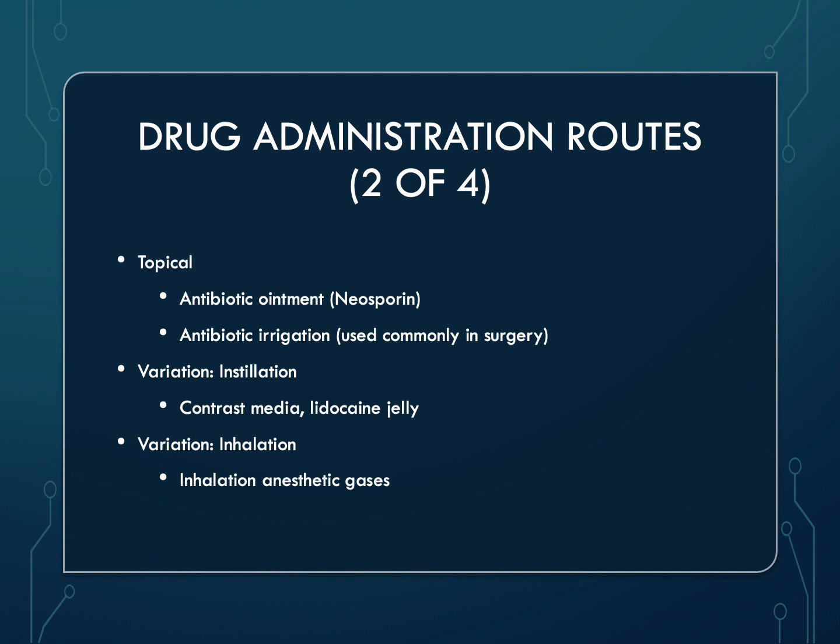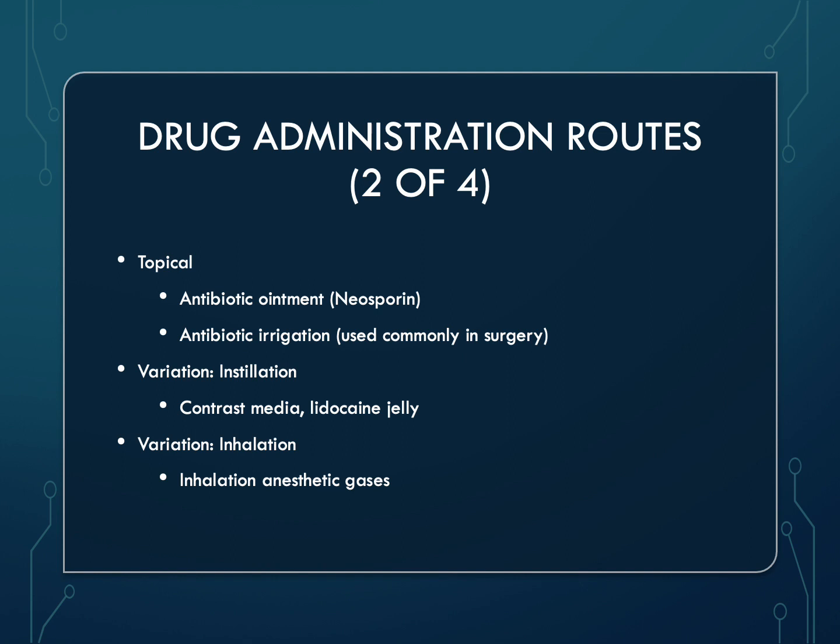A good example of this are transdermal patches that we stick on the skin, such as those used for hormone replacement therapy, for helping individuals to quit smoking, or for motion sickness. Those are some good examples of topical medications that have a systemic effect on the body.